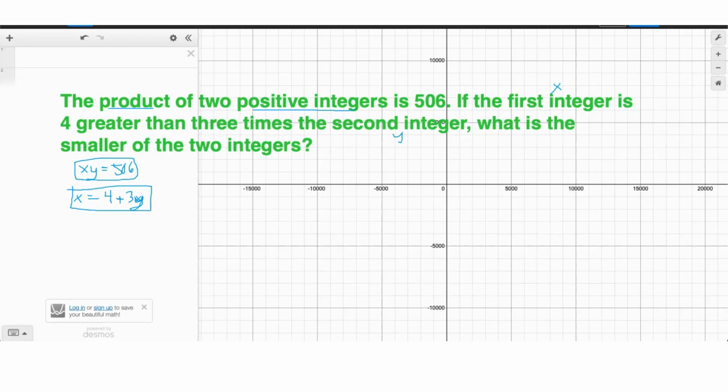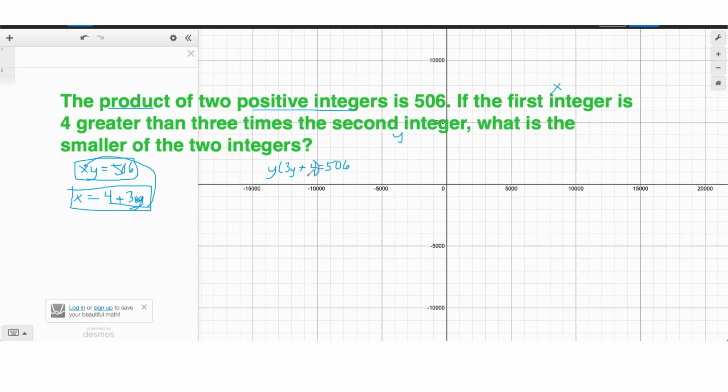Technically, you want to plug one into the other and solve, but the value is rather high, so let's think about it this way. If we go ahead and plug this equation into the value of x here, essentially what we would have is y times the value of x, which is 3y plus 4, or 4 plus 3y, equals 506.